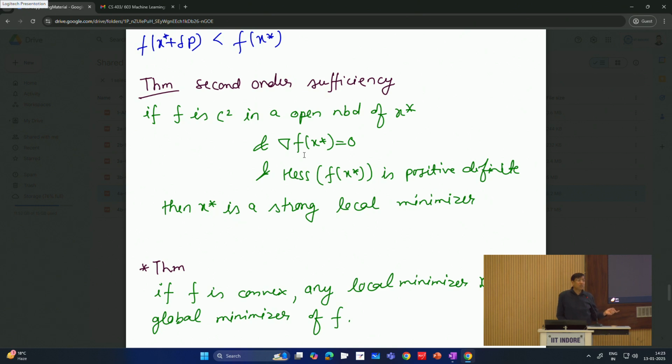The sufficiency condition goes the other direction. The necessary condition goes forward: if I am a minimizer, then the gradient is equal to 0. While sufficiency says that if the gradient is 0 and the Hessian is positive definite, then I am a strong local minimizer. The two together become the if and only if condition, or equivalence, in case they were the same. Here they are not the same, so that's why we are not writing it as an if and only if condition.